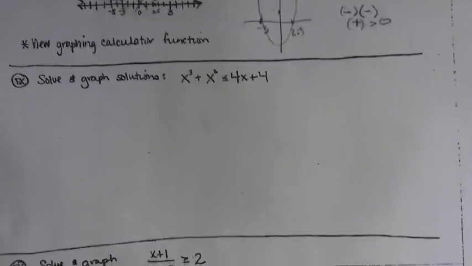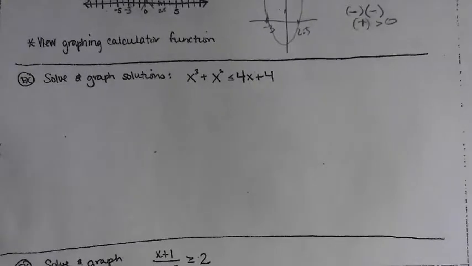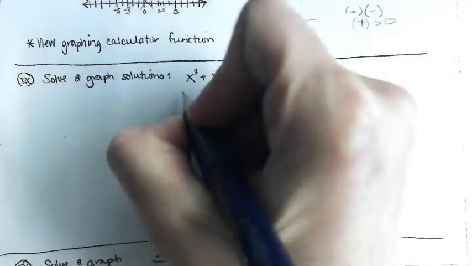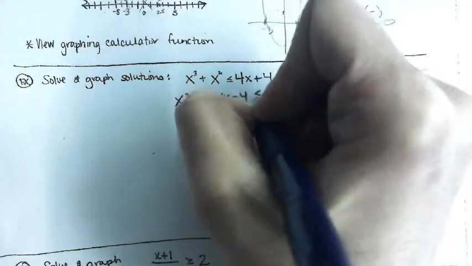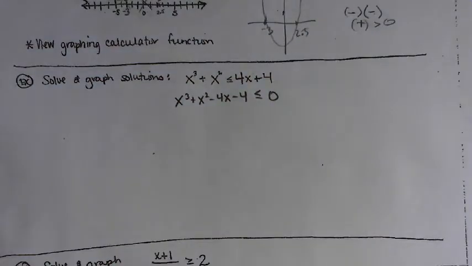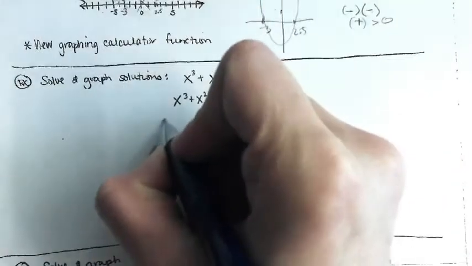Okay, so then upping the ante to a cubic polynomial. Same deal as with equations. We want to get it equal to 0 first. Find the roots. Hopefully grouping works. It does.